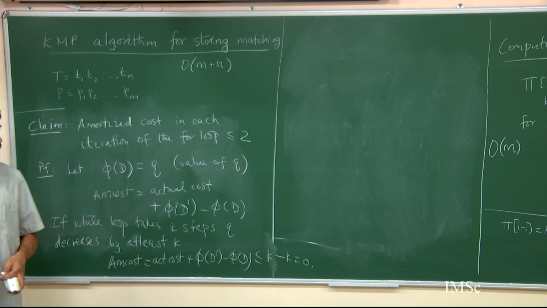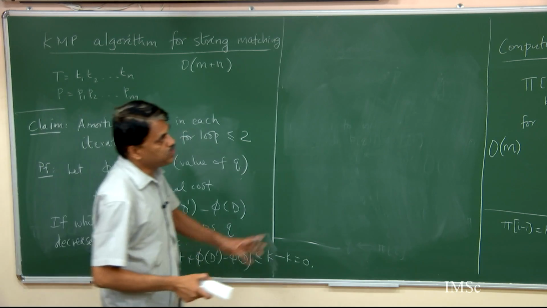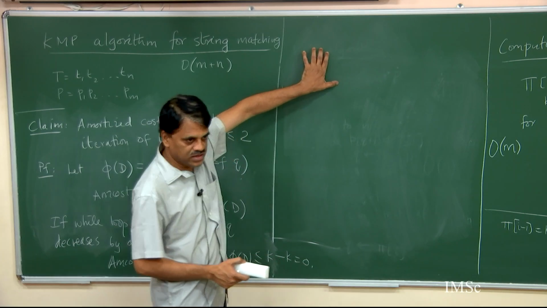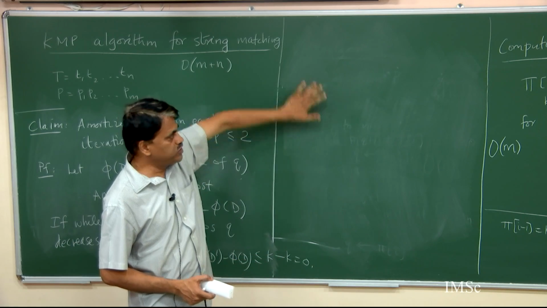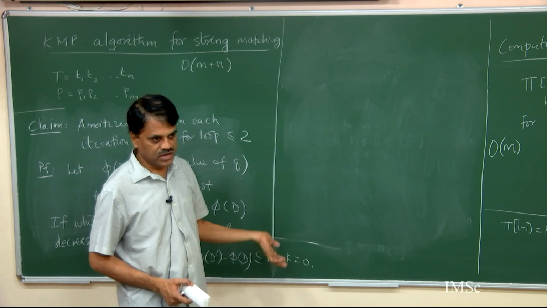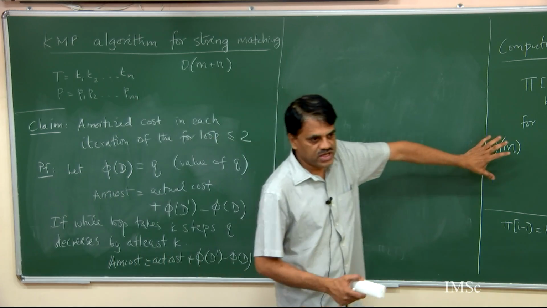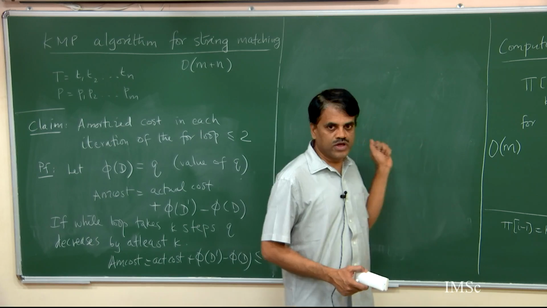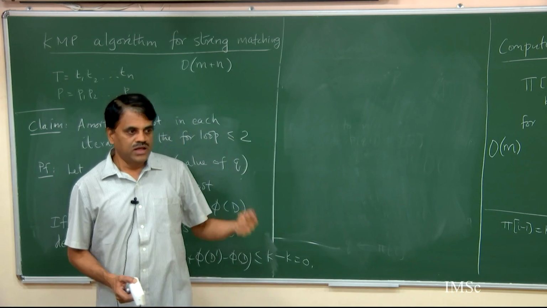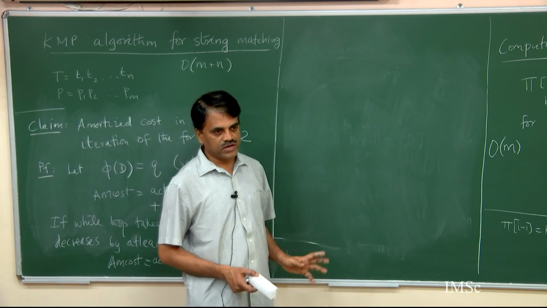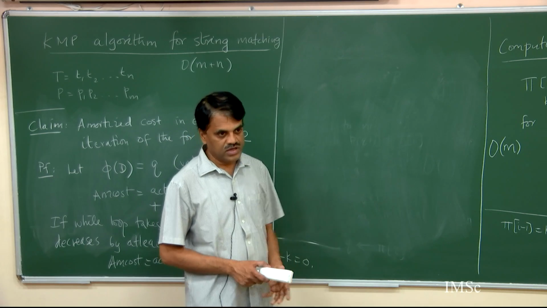Now suppose I change the text. This code which I wrote down here works for any text in order n time. So this is one pre-processing I compute given a pattern. Now you give me any other text, and in order n time I can find all occurrences of the pattern. The same pattern is fixed.